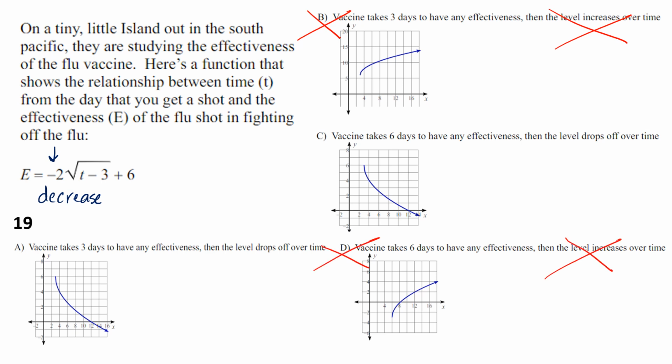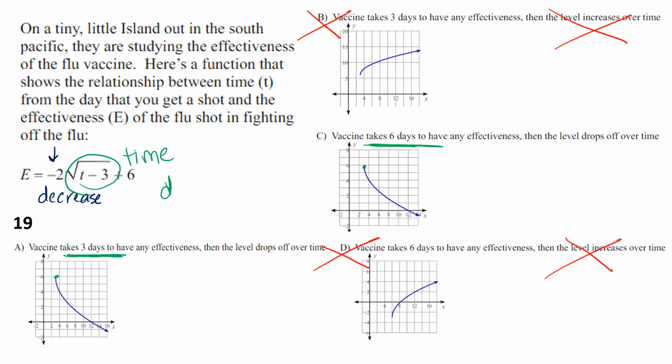All right, so now we need to determine which one is the better answer choice. Does it take 3 days to have an effect, or does it take 6 days to have an effect? The graph is the exact same. They're both at the point 0.36, that critical point, or kind of like a vertex point. But remember, the time was what's represented underneath the radical.